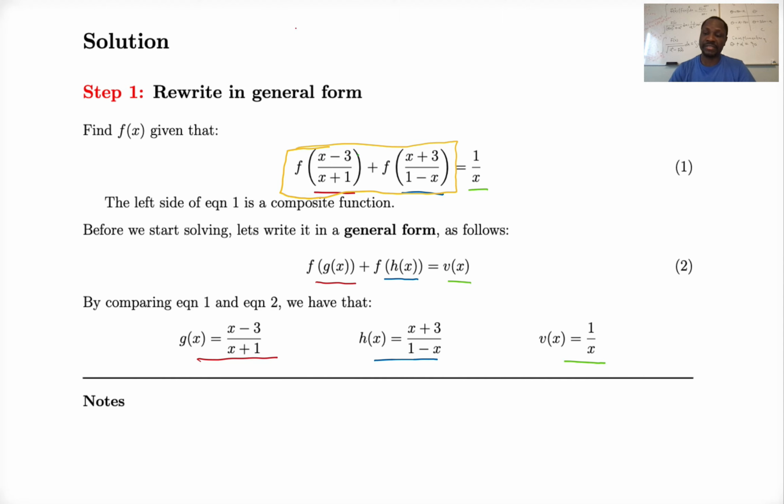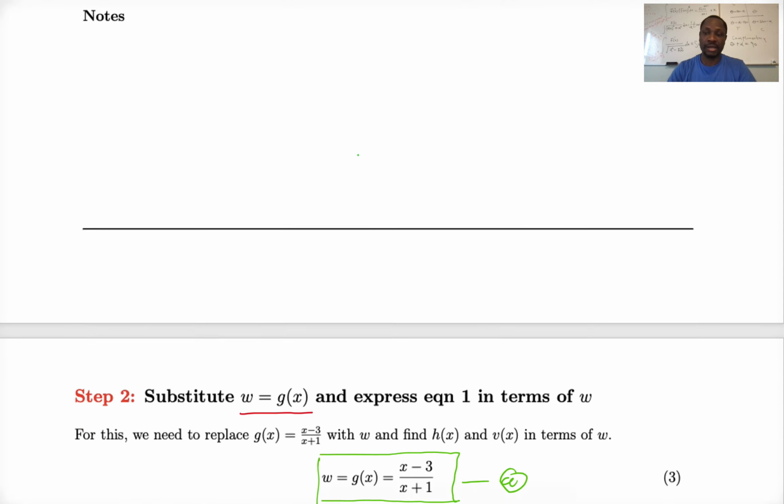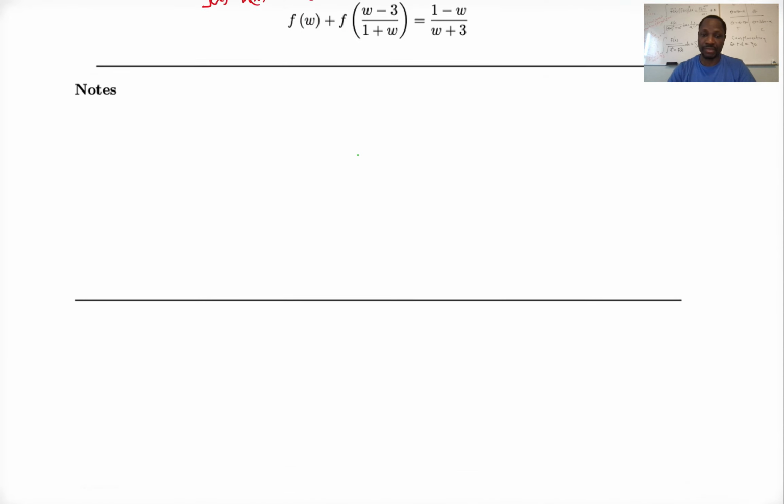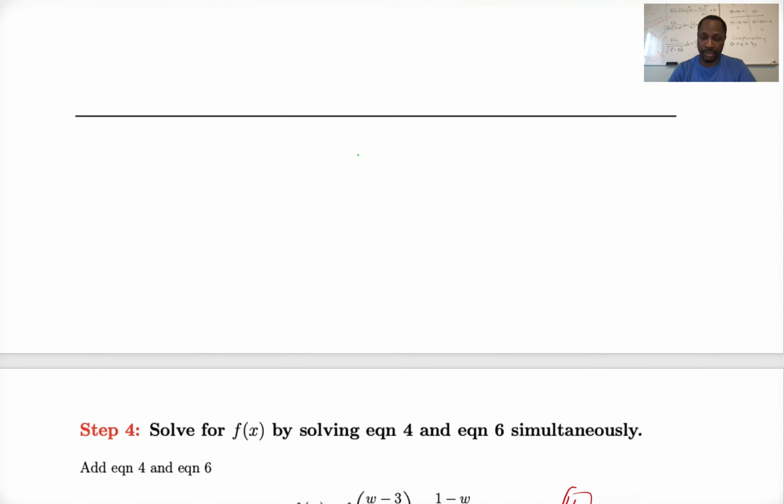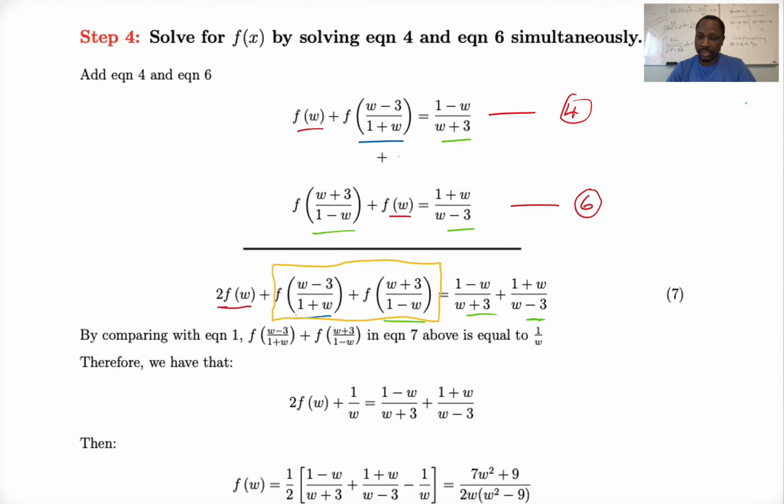The variable here is x, the variable in the other equation is w. So by comparing with equation 1, this portion that I boxed is the same as the left hand side of equation 1.